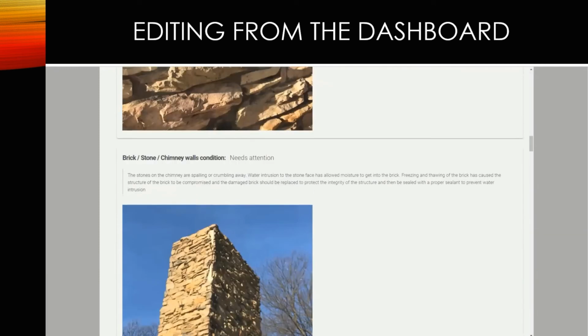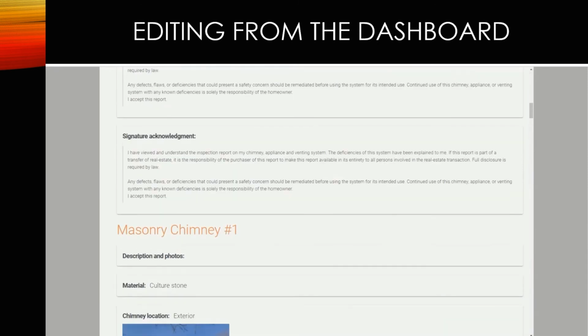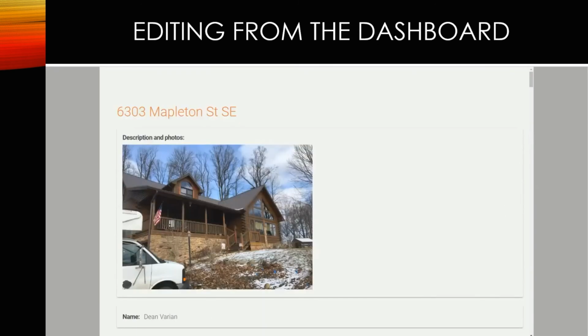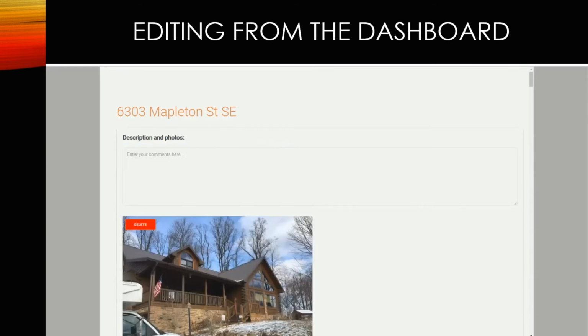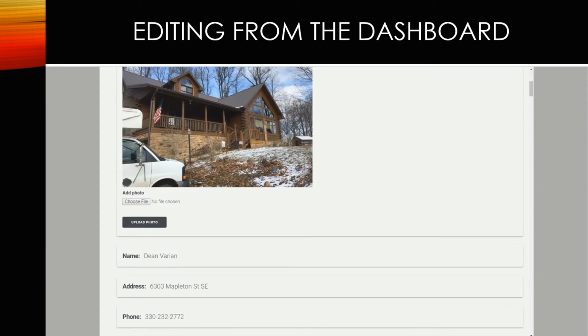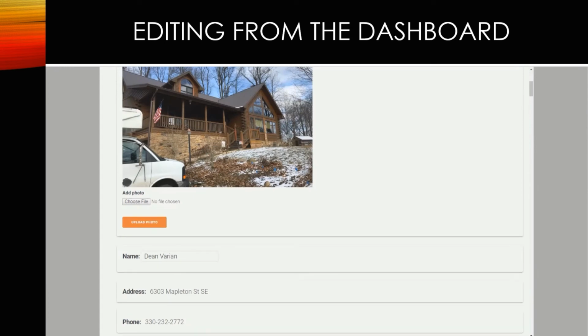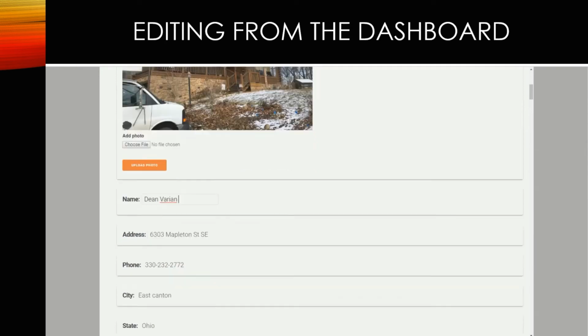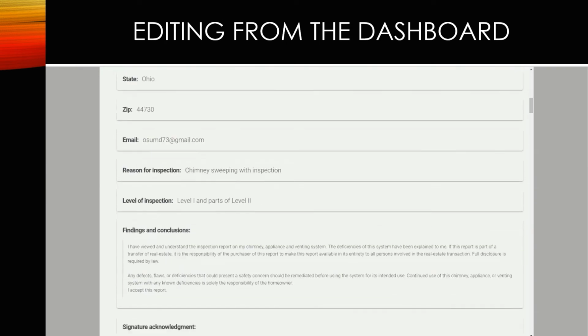If you want to edit anything in this report, you need to click on the dark print. Here you could enter comments, you could change the photo. If there was a mistake in the customer's name, again, you hit the name field, it opens up this gray box, and then you can edit anything that you need to.